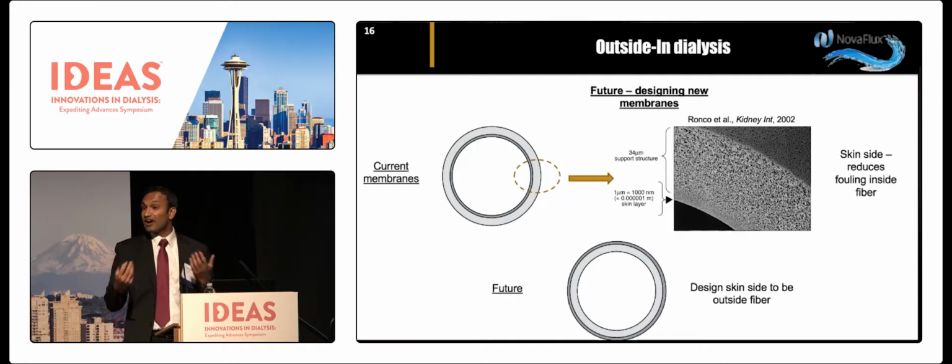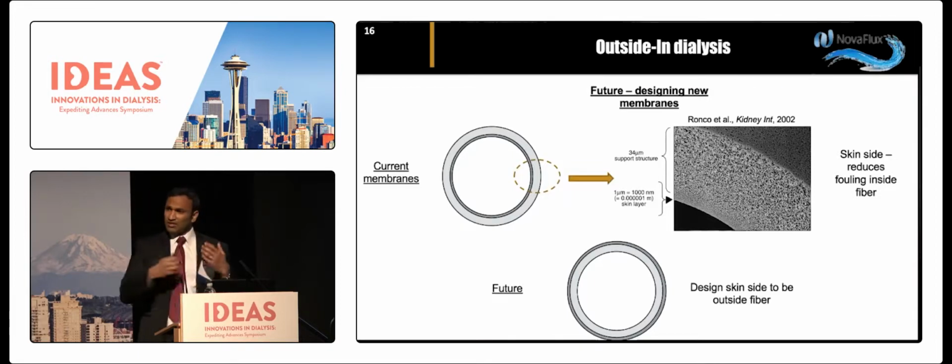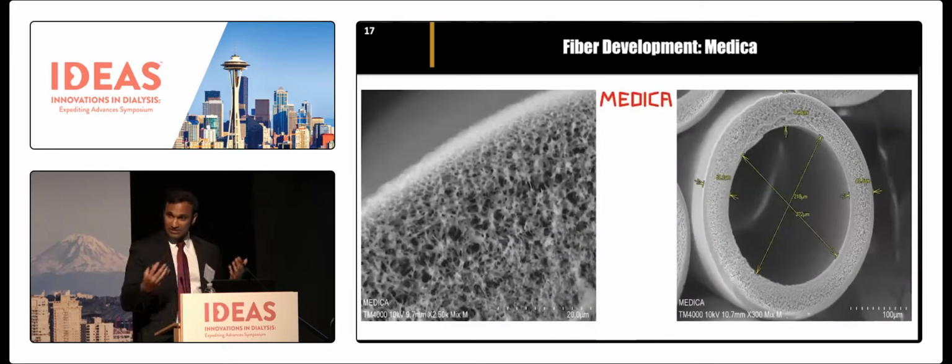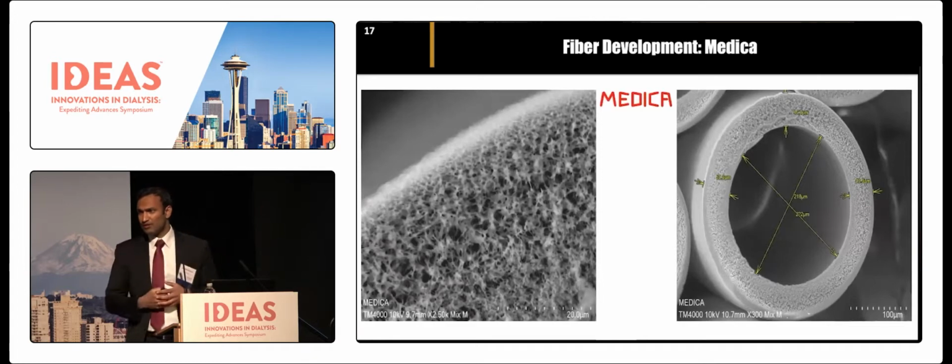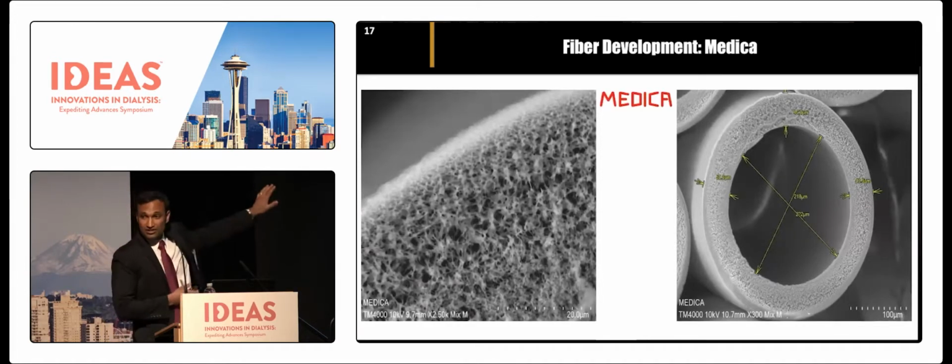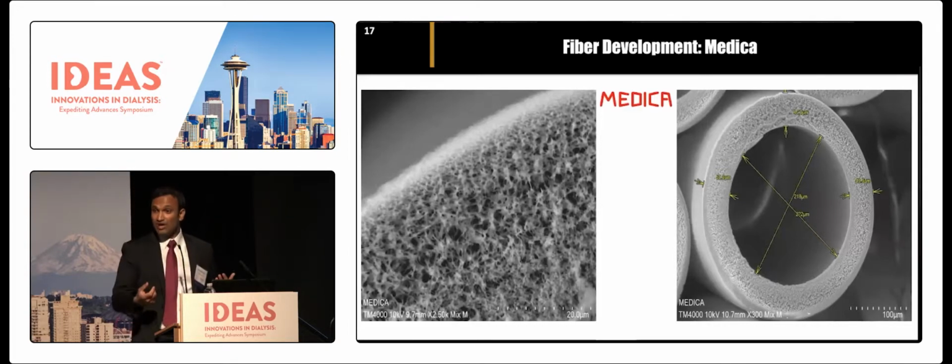So we need to figure out how to do that. This company has been talking with different membrane manufacturers to try to figure out how to do this. And Medica Technologies has come up with a new membrane where you have the skin side on the outside and the support layer inside, so it can be used for such purposes.